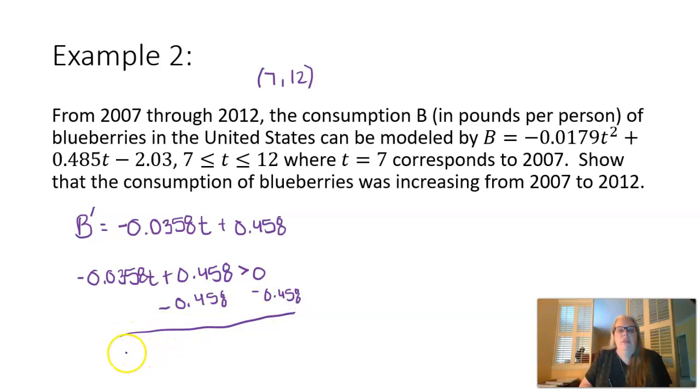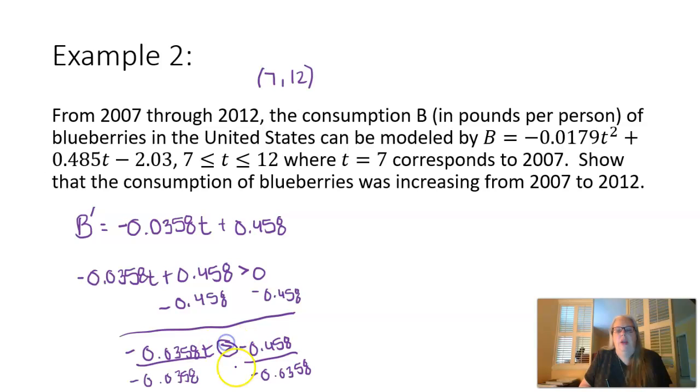This is going to leave me with negative 0.0358t, still greater than negative 0.485. And then when we divide that negative 0.0358 out, don't forget to turn the sign around because we had to divide by a negative number.